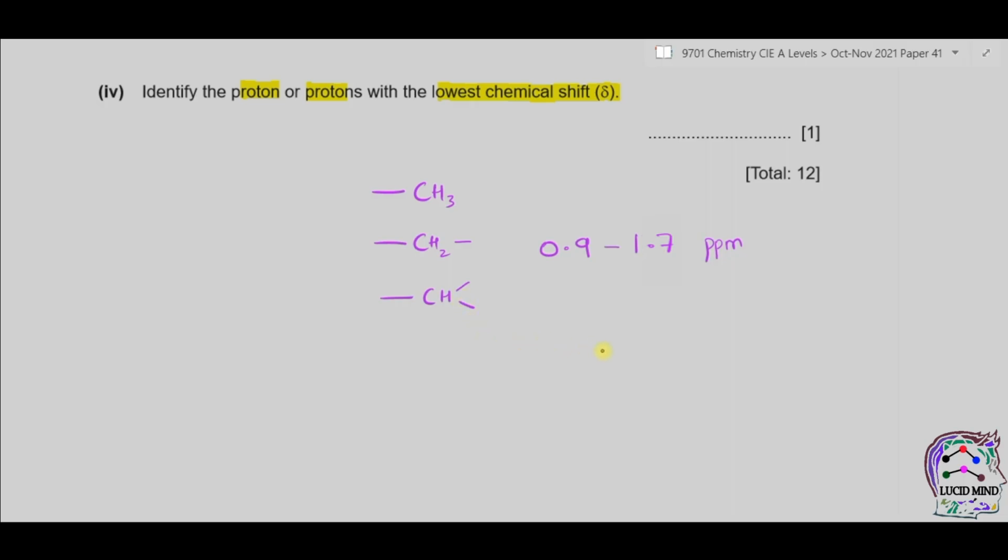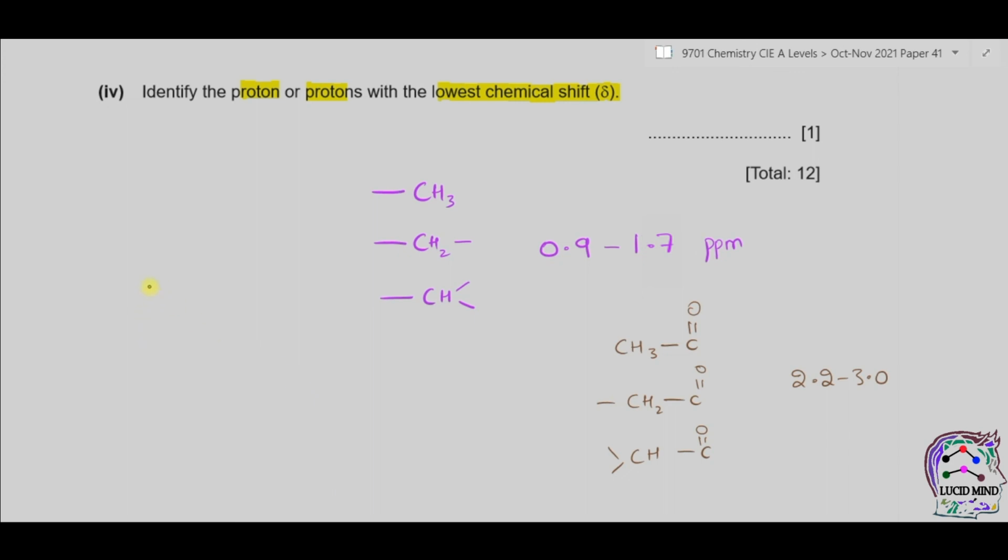If the alkyl groups are present next to a carbonyl carbon, for example CH3, CH2 or CH next to a carbonyl carbon, then the value will be between 2.2 to 3.0 ppm.